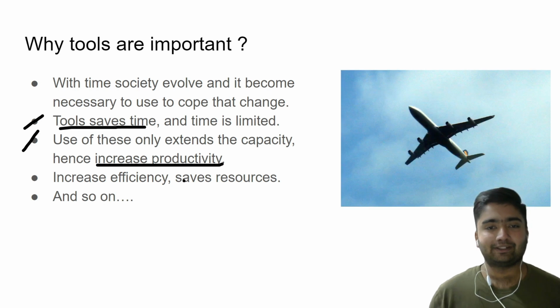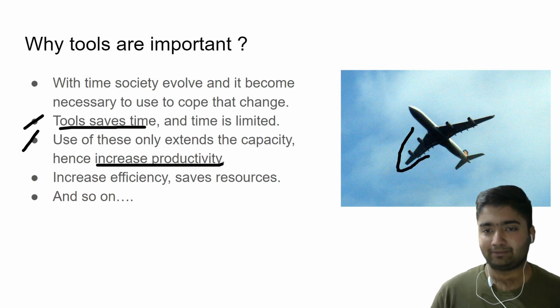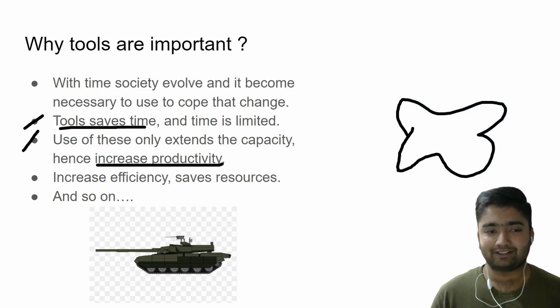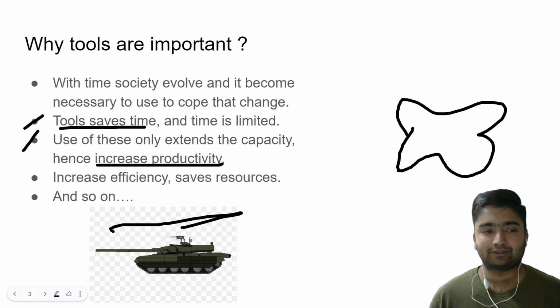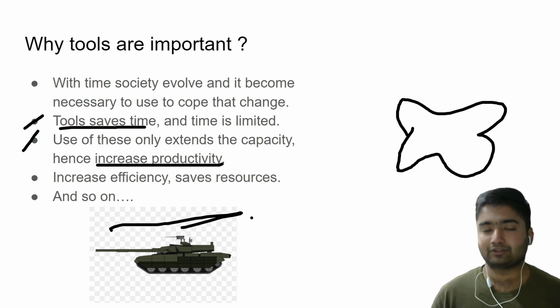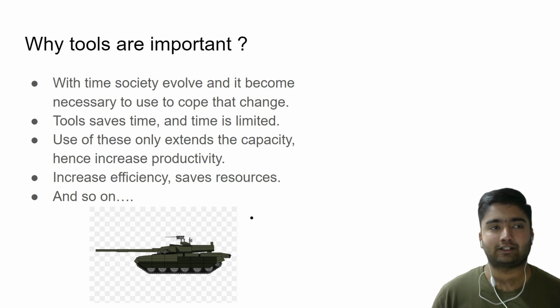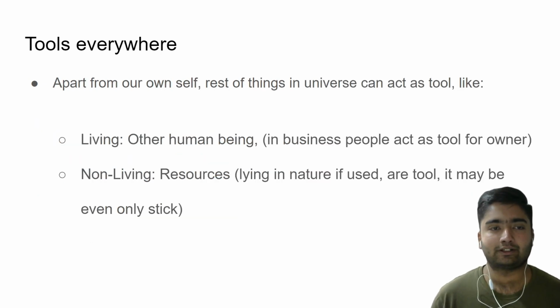Like, to move from one continent to another we can swim, but by using the famous tool, the plane, we can easily reach another place in a few hours. Weapons like tanks are also a very important kind of tool. We can use these to extend our capability. So tools are very important.